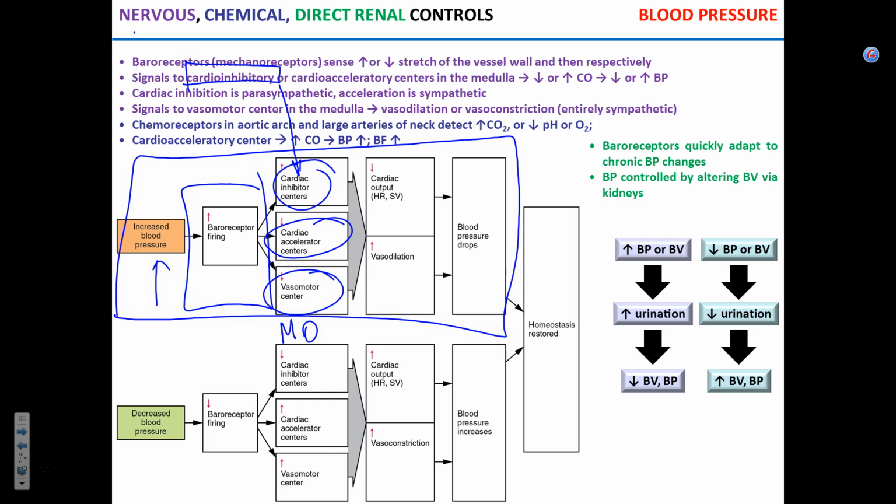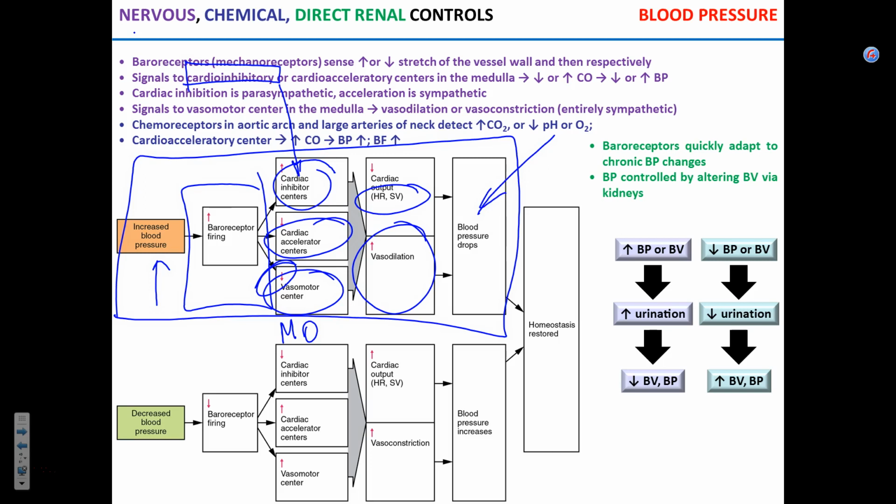When cardioinhibitory center is stimulated, heart rate and stroke volume go down. When vasomotor center is inhibited, blood vessels relax and dilate. Your blood pressure drops. Does that idea make sense?